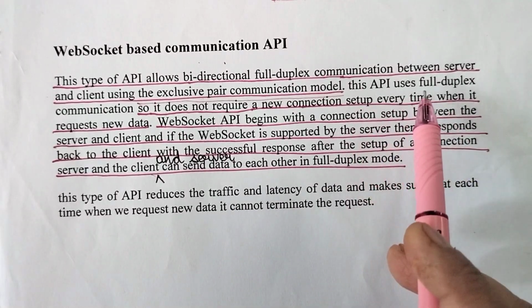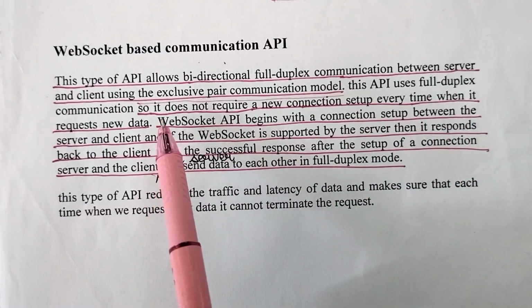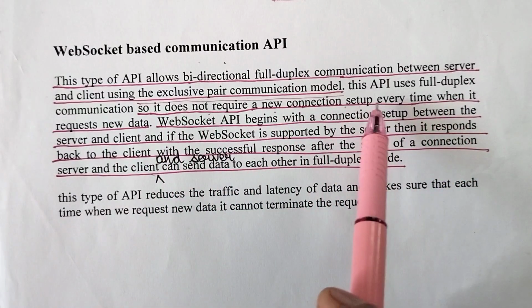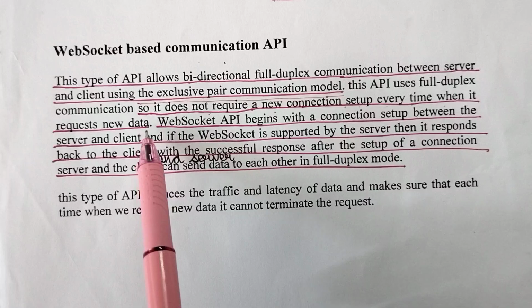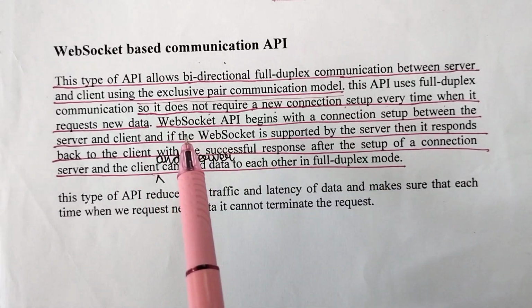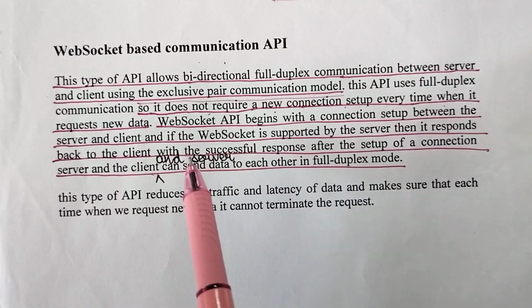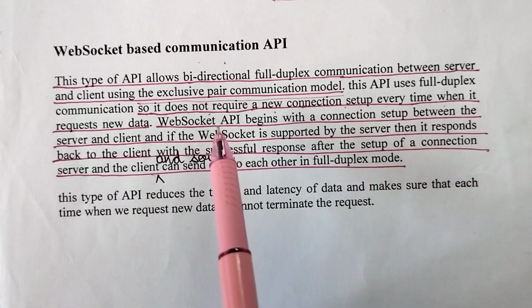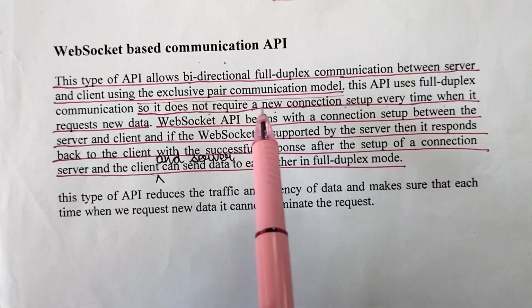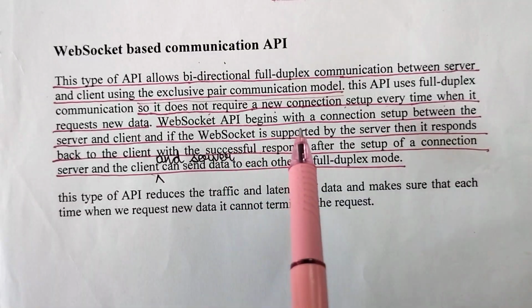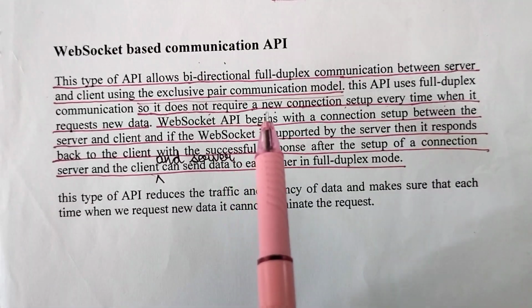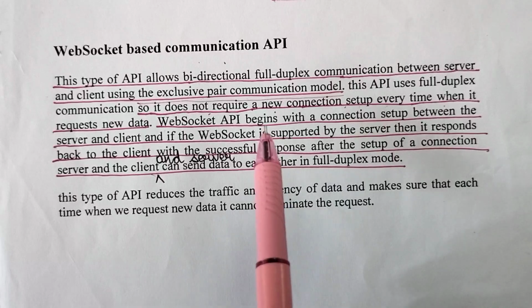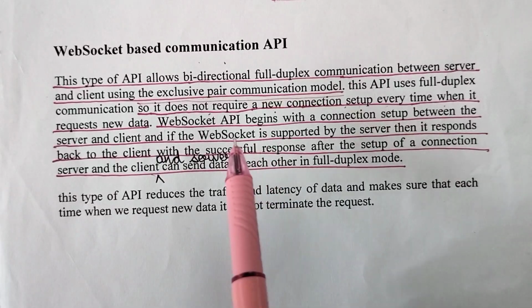So, this API uses full duplex communication so that it does not require a new connection setup every time it requests new data. Otherwise, every time you require new data, you have to set up a connection. But if it is a dedicated connection, then until you release the connection, every time you request new data, you do not have to set up a new connection. Using the same connection, you can request data multiple times. By you, I mean the client.